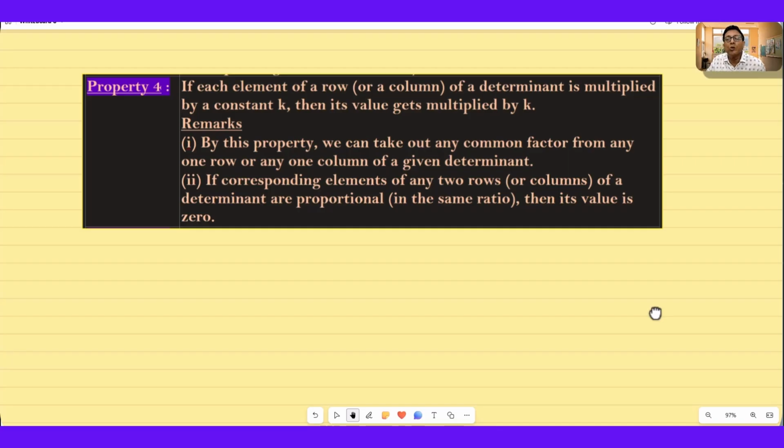If each row of a determinant is multiplied by a constant, then the value gets multiplied by k. Okay. It means if you write k multiplied by this thing, A1, B1, C1, A2, B2, C2, A3, B3, C3, you multiply the elements of one row only or one column only by k.